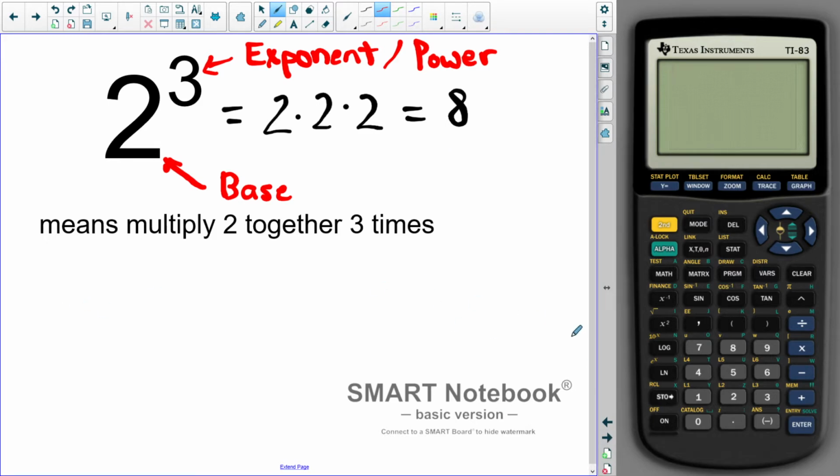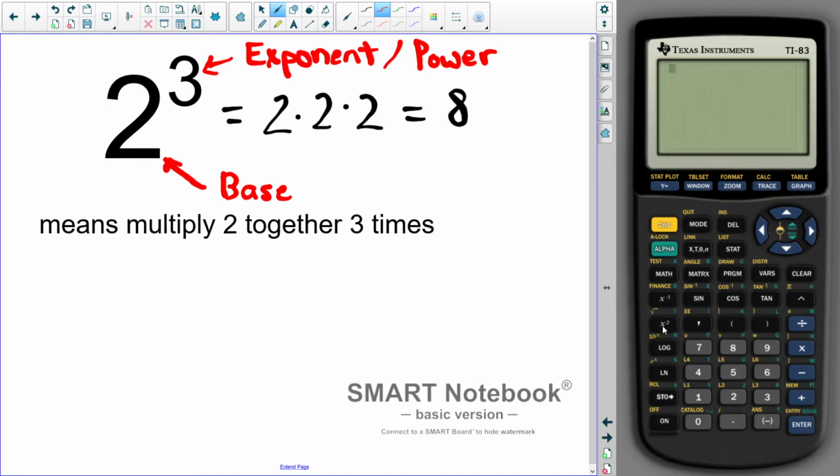If we were going to put that in on a calculator, it depends on your calculator, but most calculators you can do it this way. This little up arrow thing is called the caret key, and it is for exponents. There's also a little shortcut for squared.